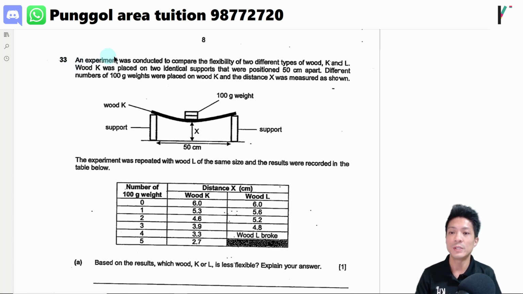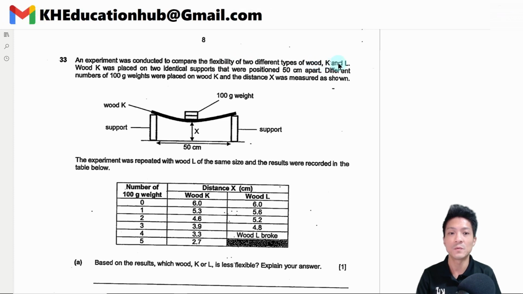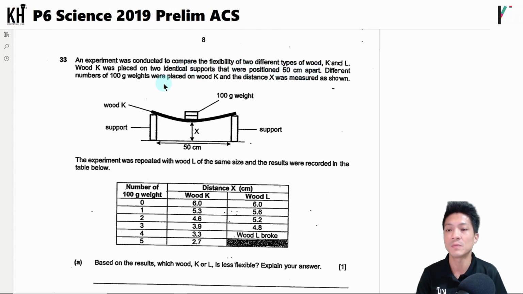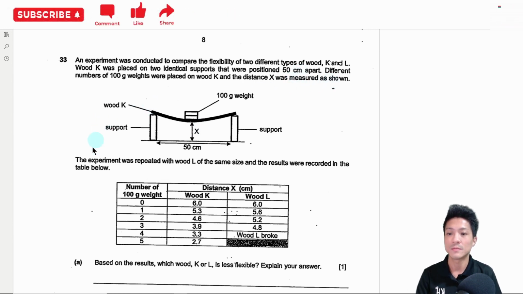Okay, question 33. An experiment was conducted to compare the flexibility of two different types of wood, K and L. Wood K was placed on two identical supports that were positioned 50 cm apart. Different numbers of 100-gram weights were placed on wood K, and the distance X was measured as shown. The experiment was repeated with wood L of the same size, and the results were recorded in the table below.